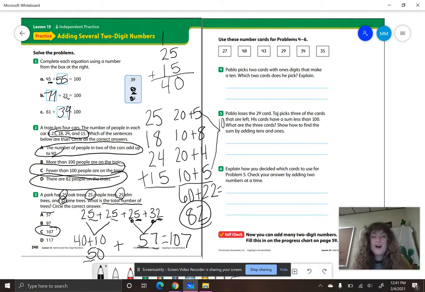All right, let's move on to number 4. It says Pablo picks 2 cards with ones digits that make a 10. Which 2 cards does he pick? All right, so look at these cards. I'm going to put a line under my ones. Okay, so look at your ones place in all of these numbers.